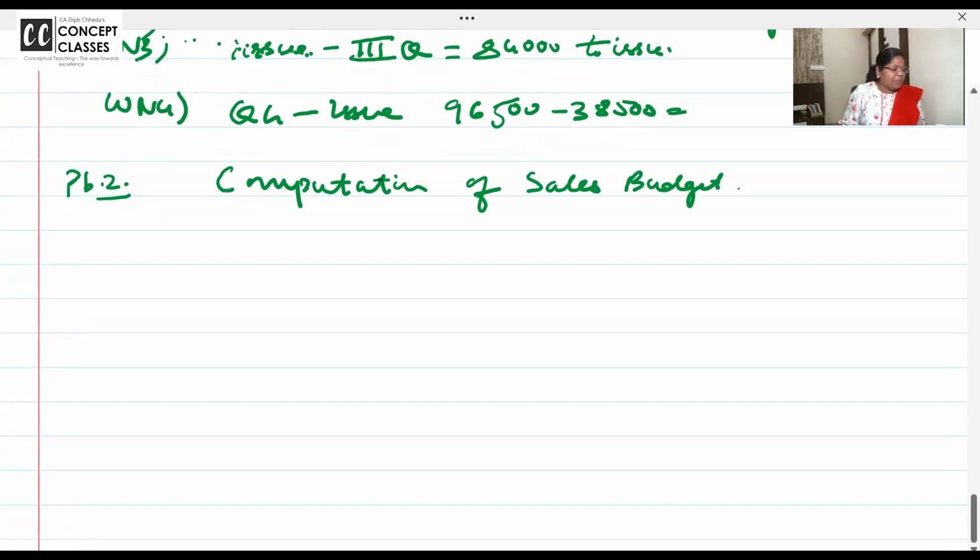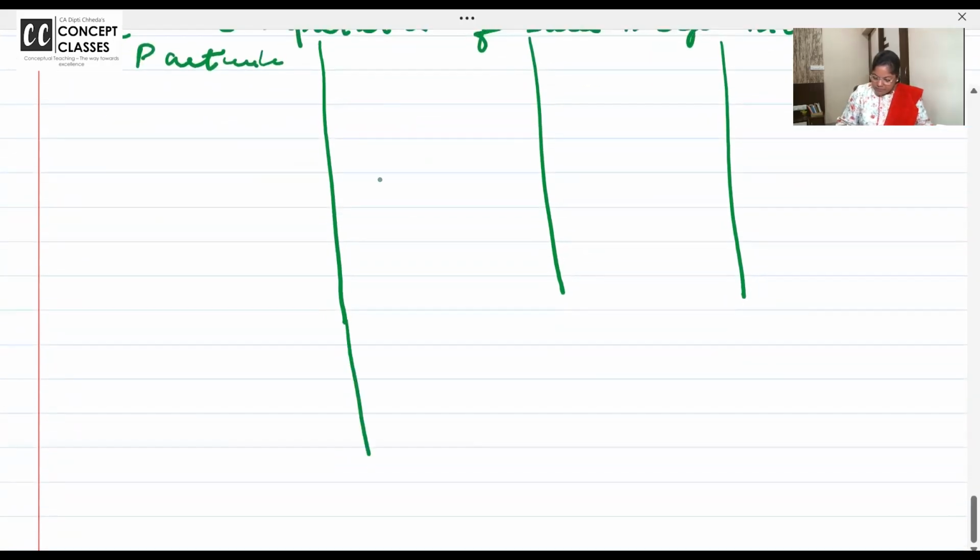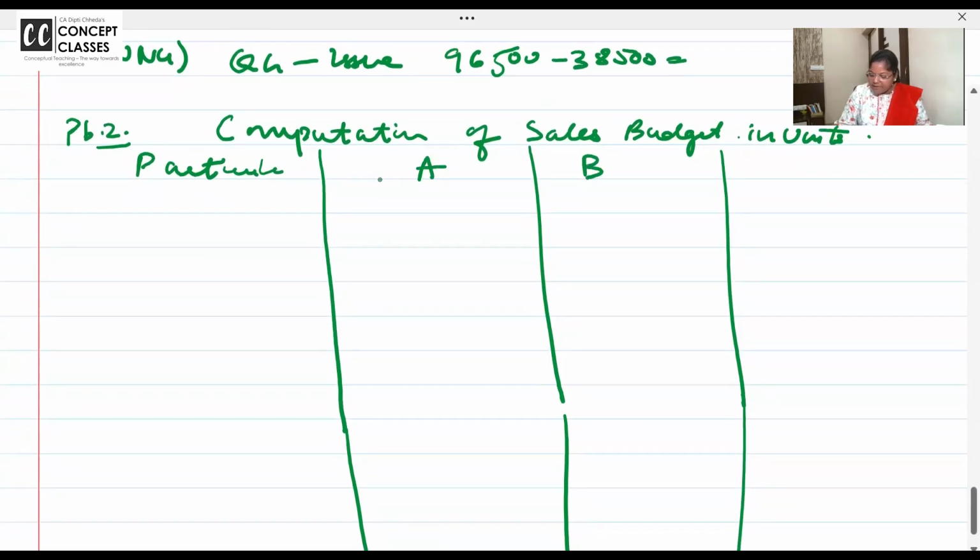You are doing sales budget in units. पहले units तो बनाए हैं, फिर रुपीस भी बनाएंगे. पहले यूनिट्स को बनाए. पर्टिकुलर्स. A, B, C. Okay. Let us start one by one.